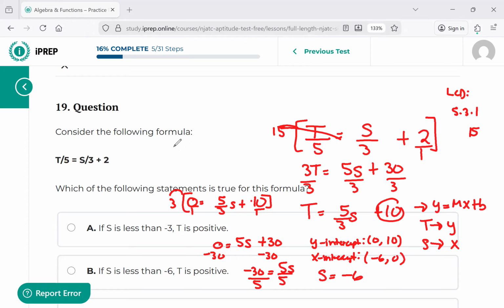How would it look on a Cartesian plane? But you can call our x really s, and our y really t.